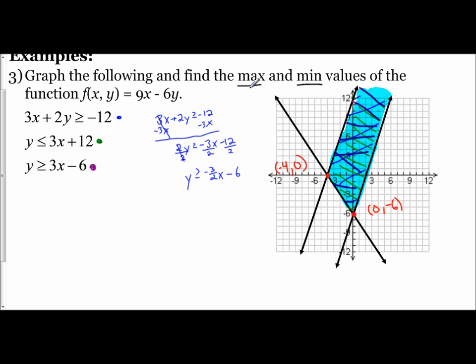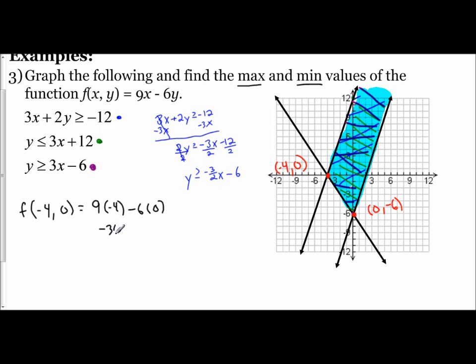And we're asking for the max and the min, which tells you one of these is the max and one of these is the min. And we just need to plug them in and find out. So the function we use, f of x, y, let's do -4, 0 first, is 9 times your x, which is -4, minus 6 times your y, which is 0.